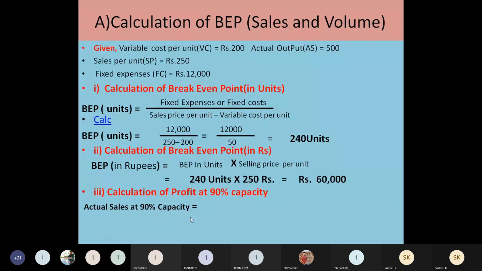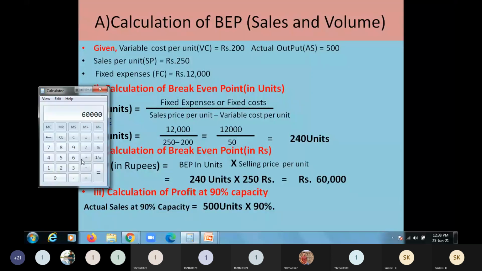So first you calculate the actual sales at 90% of 500 units. 500 units is the actual 100% capacity, and you calculate 90% of it. 500 into 90%, how much do you get?